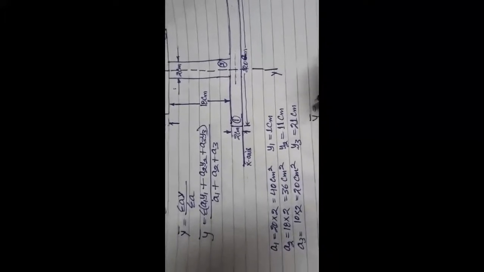Now this y bar can be calculated as a1, which is 20 into 2, 40, into y1, 1 centimeter, plus a2, which is 18 into 2, into 11, plus a3, which is 10 into 2, into 21.